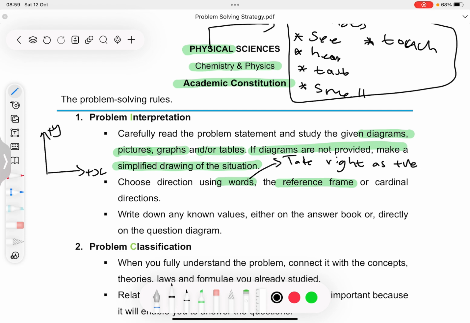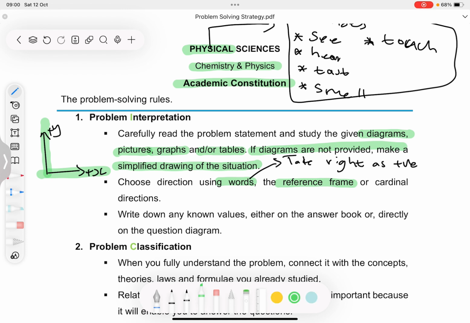So you can choose that anything along the x-axis going to the right is positive, and anything that goes up in the y-axis is positive as well. This means by default that anything that goes in the opposite direction would be negative, and anything that goes down will be negative. That's another way of choosing direction. We call that the reference frame.